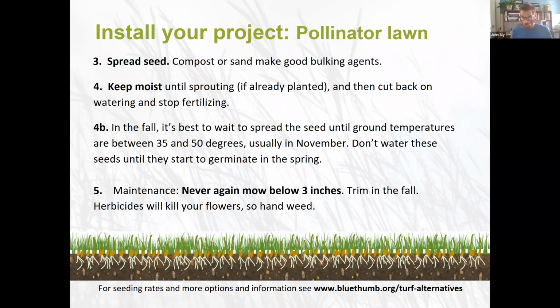Once you get that going next spring, we would encourage you to never again mow below 3 inches. These low-growing flowers in the lawn, like clover and thyme, are low-growing, but they do need some clearance. And if you're mowing too low, you won't allow the plants there to provide the pollinator habitat that we want to see.